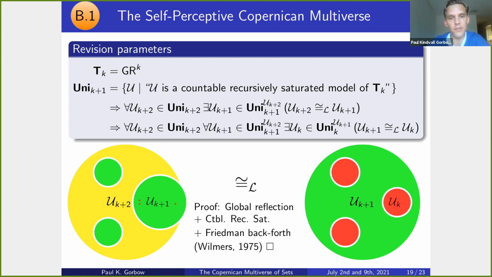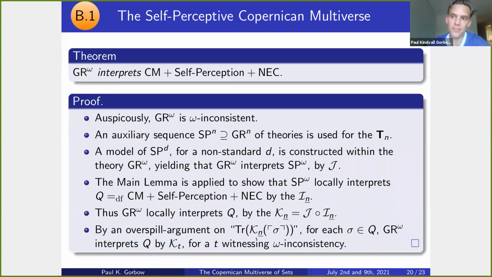But what we have in this situation here is that we are building this hierarchy of global reflection on top of ZF, and in this case U_{k+2} thinks that U_{k+1} is a model of (k+1)-iterated global reflection. So in particular, it's a model of ZF. So that's the basic idea here, what's going on.